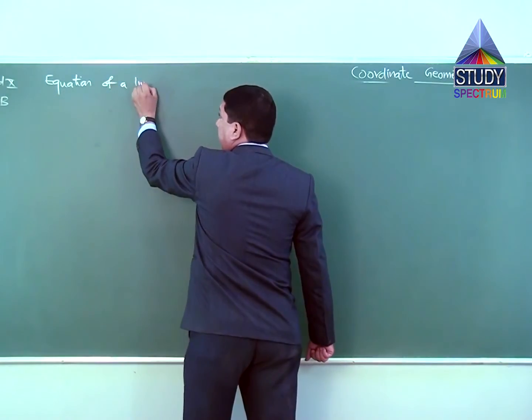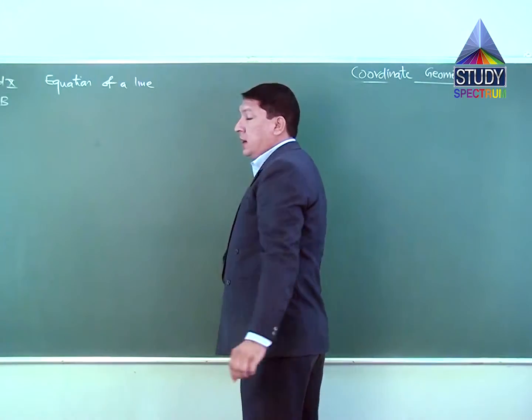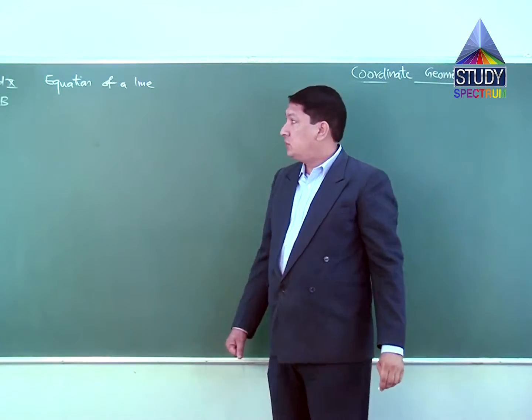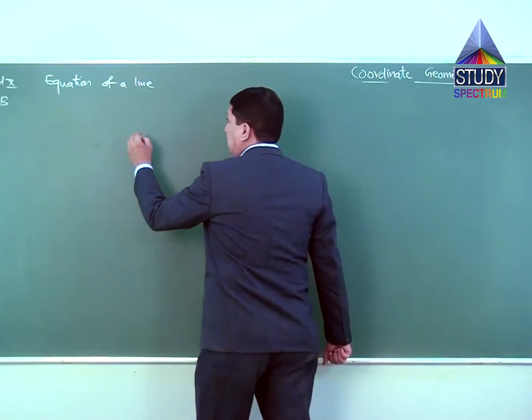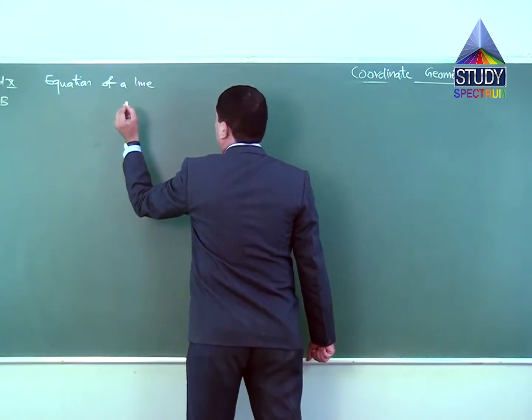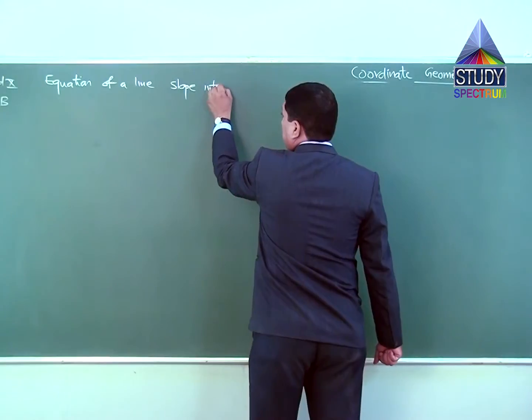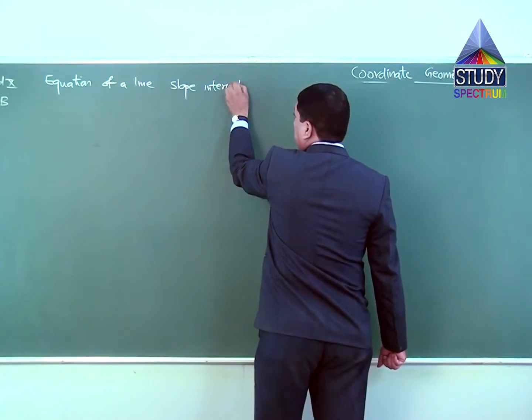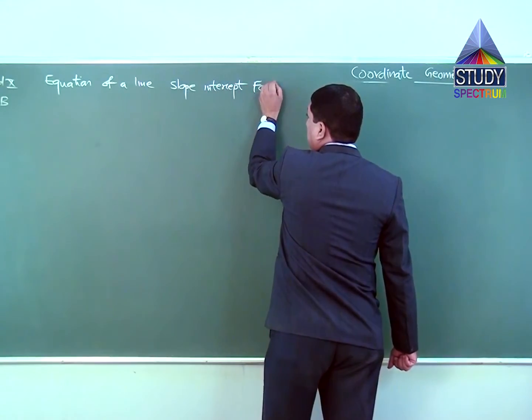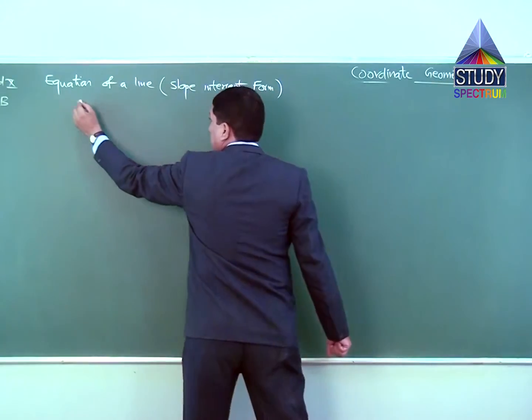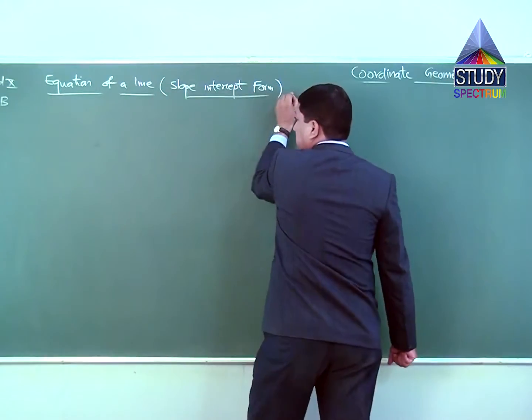Now there are a number of ways by which we can write equation. This equation of line is by slope intercept form.